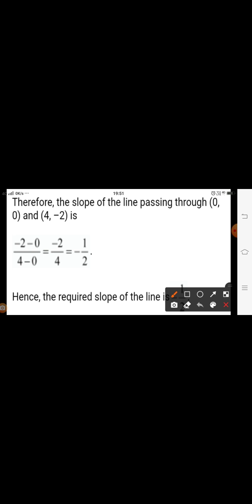With these two points, we can find the slope using the formula m = (y2 - y1)/(x2 - x1), taking the coordinates as (x1, y1) and (x2, y2). Putting in the values, the slope is (-2 - 0)/(4 - 0), and on solving we get -2/4. Then we get -1/2 as the slope, and this is the required slope of the line.